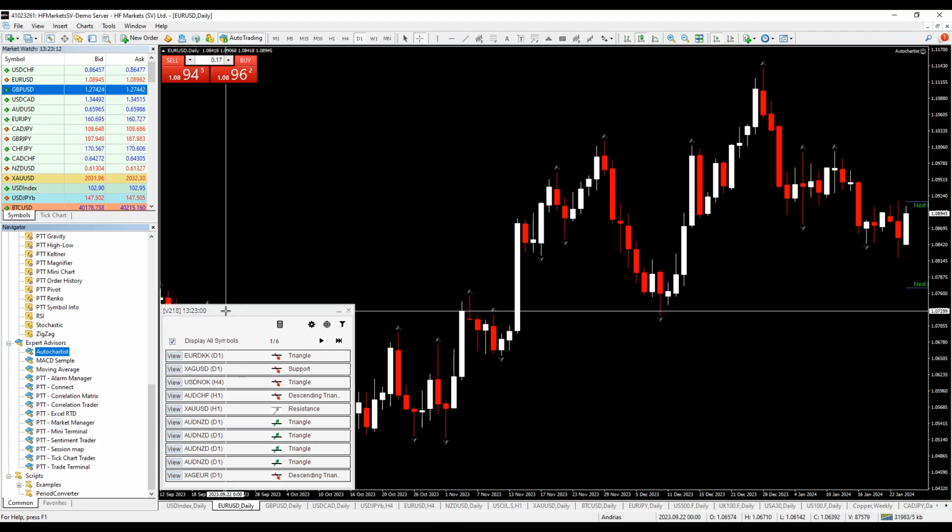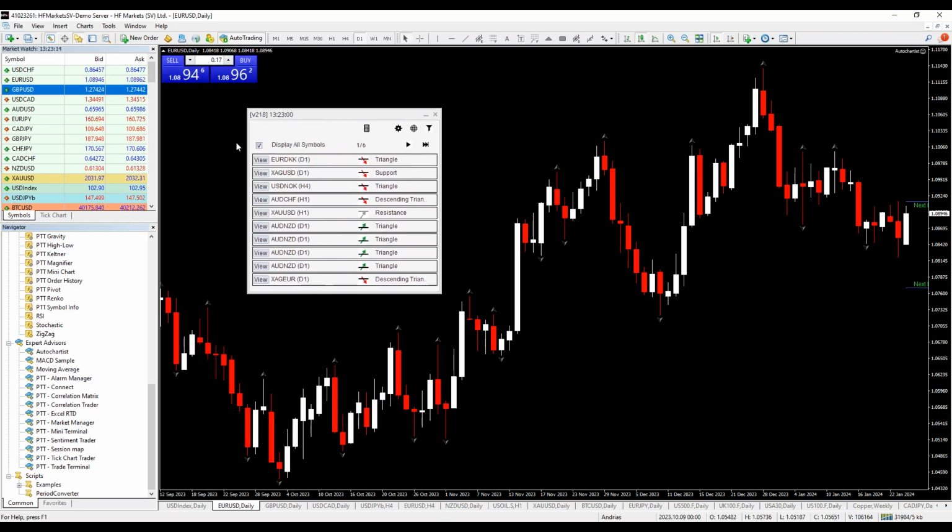Over here you are. So you will have this. What is this? This is the latest trading signals that Autochartist has provided. In different time frames, you can see that some are gray, some red, some green.